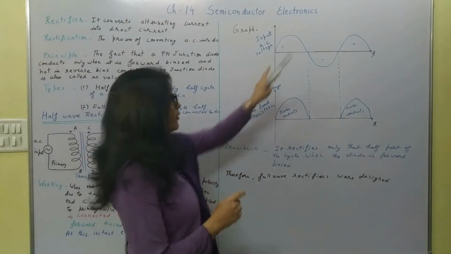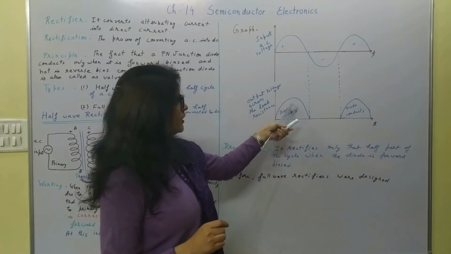Now what is the frequency of the half wave rectifier? Look at this. In one cycle it conducts only once.